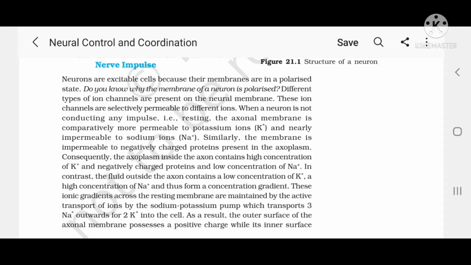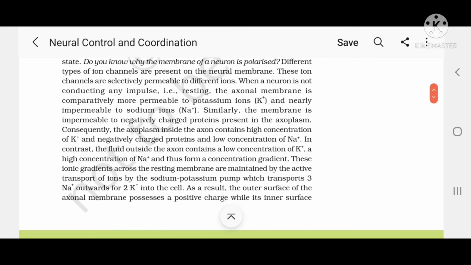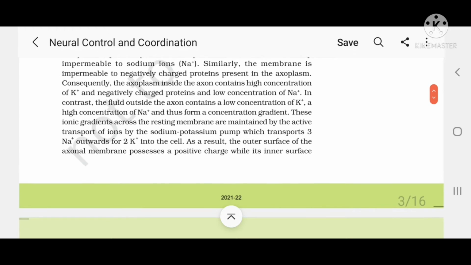These ionic gradients across the resting membrane are maintained by the active transport of ions by the sodium-potassium pump, which transports 3 sodium ion outwards for 2 potassium ion into the cell.